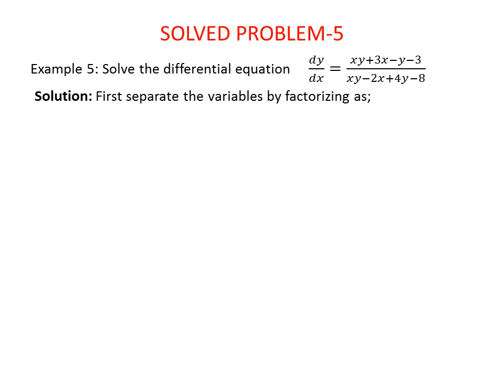First we separate the variables of the given equation by factorizing. This is our given equation, dy by dx, which is equal to xy plus 3x minus y minus 3 divided by xy minus 2x plus 4y minus 8. Now first of all we have to factorize the numerator and denominator separately.